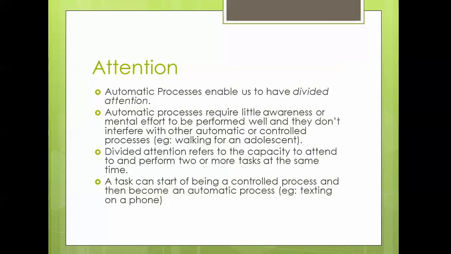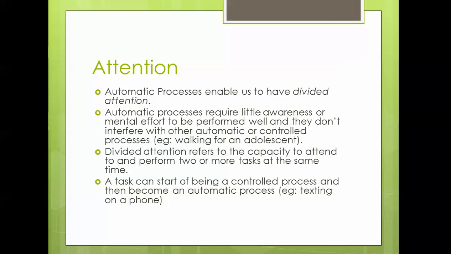Just note that I've said walking for an adolescent because this means that you've been walking for perhaps 15 years already. For a 1-year-old or a 2-year-old where walking is still quite new for them, they perhaps wouldn't be able to divide their attention like you can. A task can start off being a controlled process and then become more automatic.